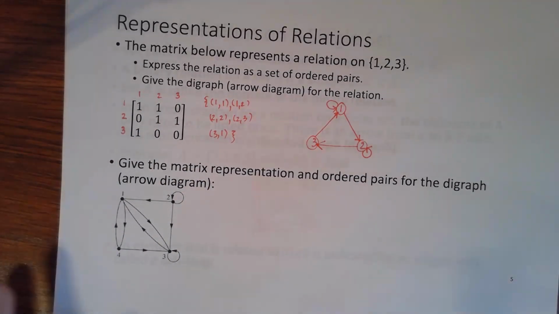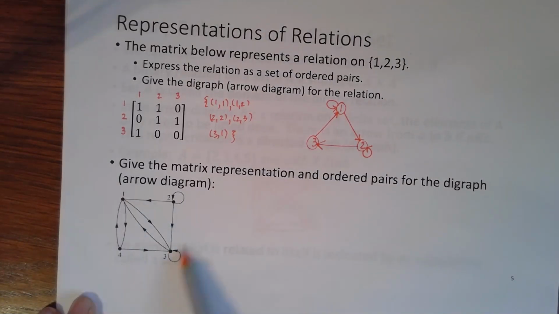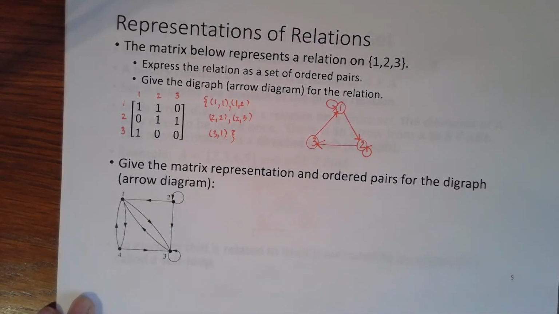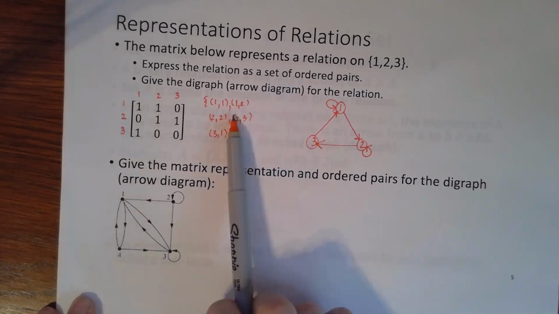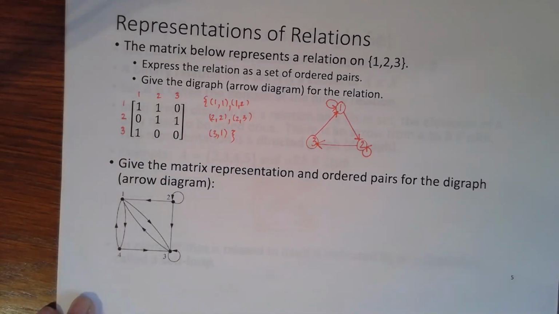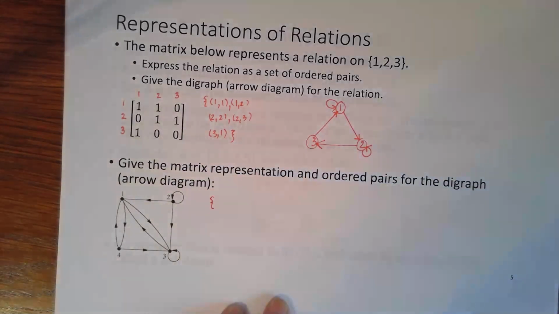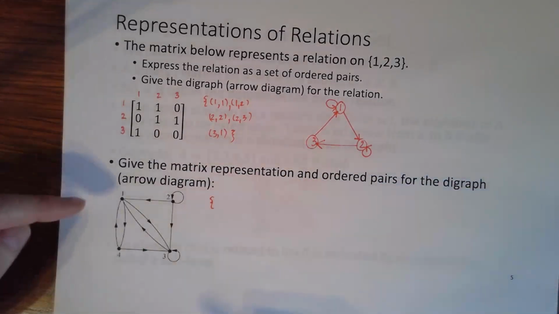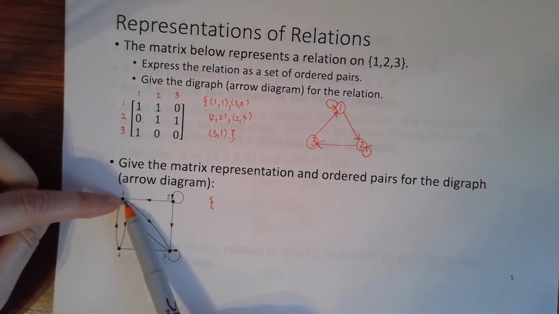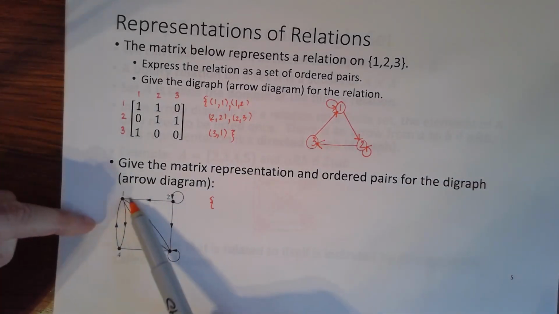Okay, let's say we are given a digraph or arrow diagram and we want to come up with the ordered pairs and the matrix. So again, let's just go with the ordered pairs first. Okay, so we'll start with 1. What is 1 related to? 1 isn't related to itself.